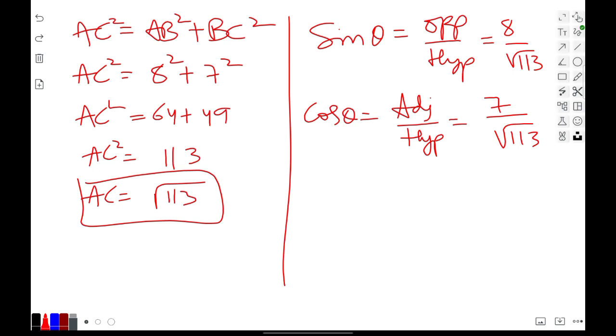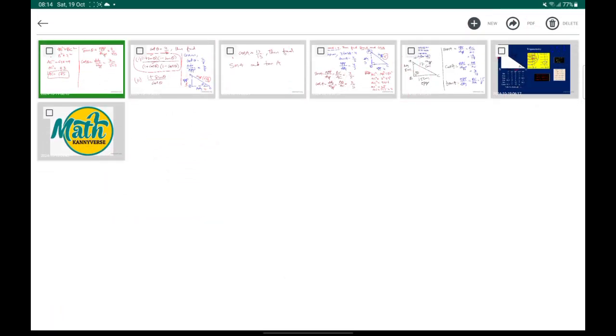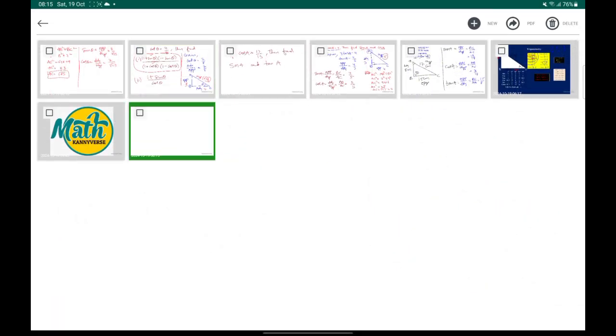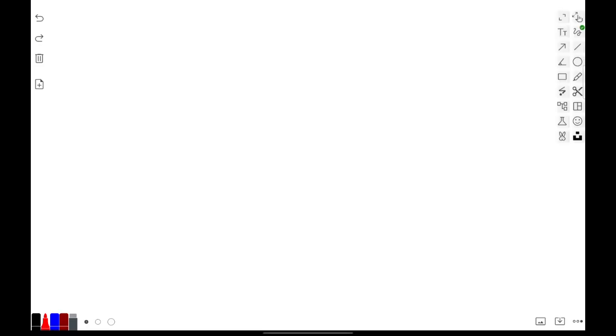Okay, let's do the sum now. What is the question actually? The question is (1 plus sin theta) into (1 minus sin theta) by (1 plus cos theta) into (1 minus cos theta). All right, let's do it on a new page.